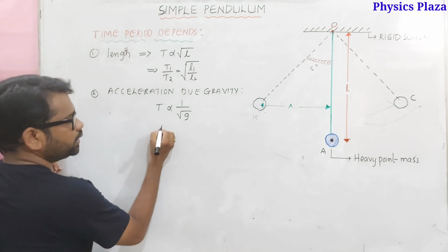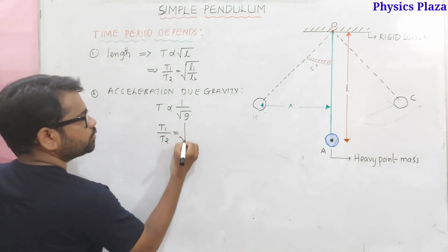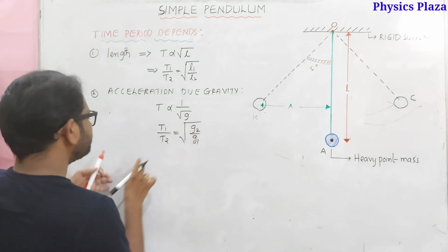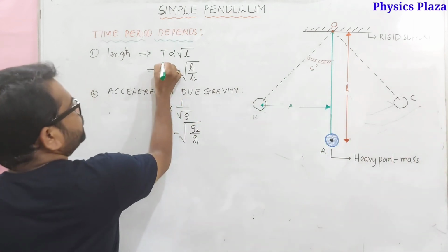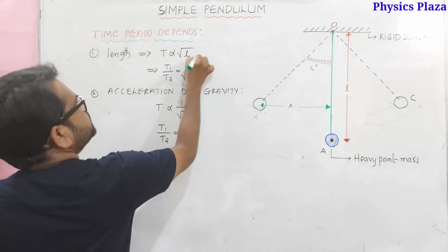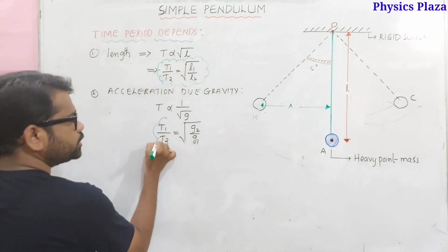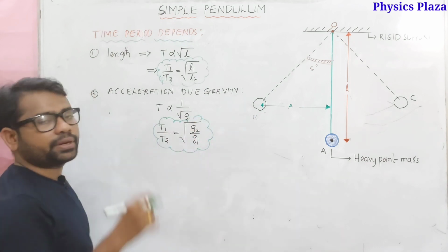We use this formula, that is T1 by T2 is equal to square root of G2 by G1. Children, these formulas are very important. These two formulas we will use to compare the time periods: when lengths are given, we use one, and when accelerations due to gravity are given, we use the other.